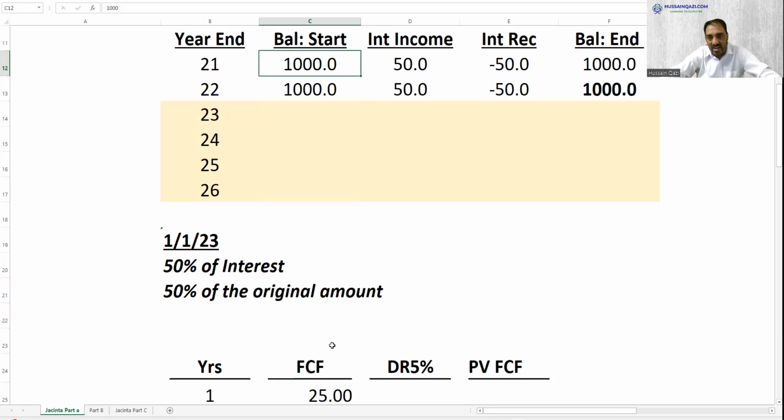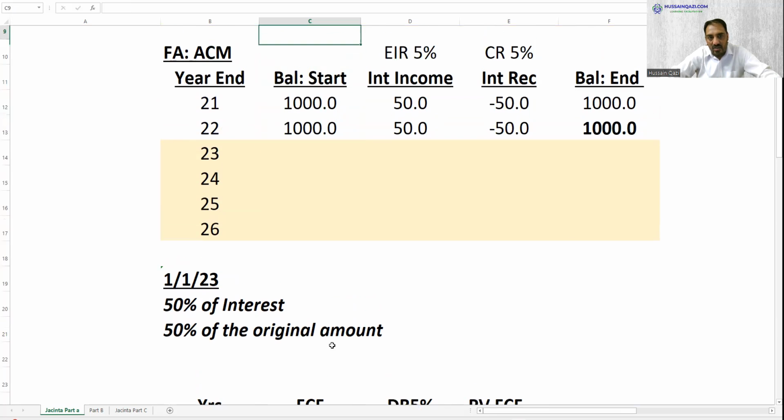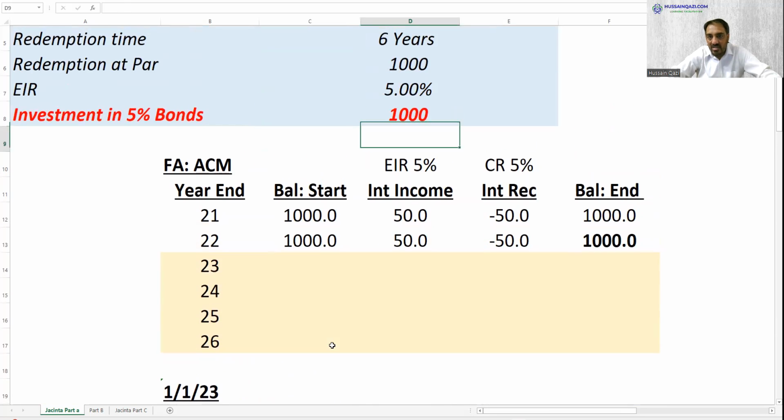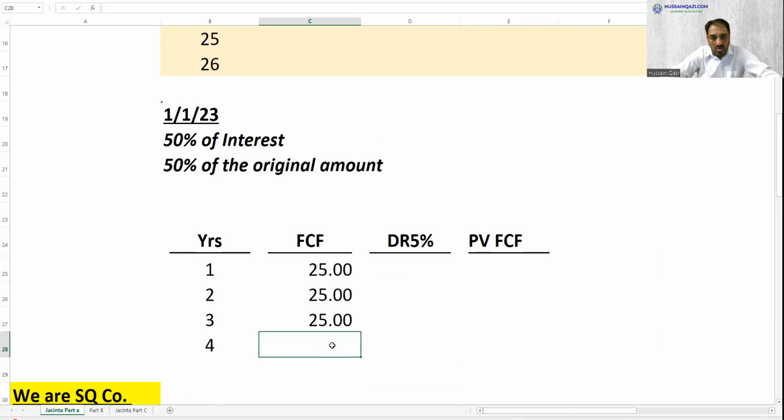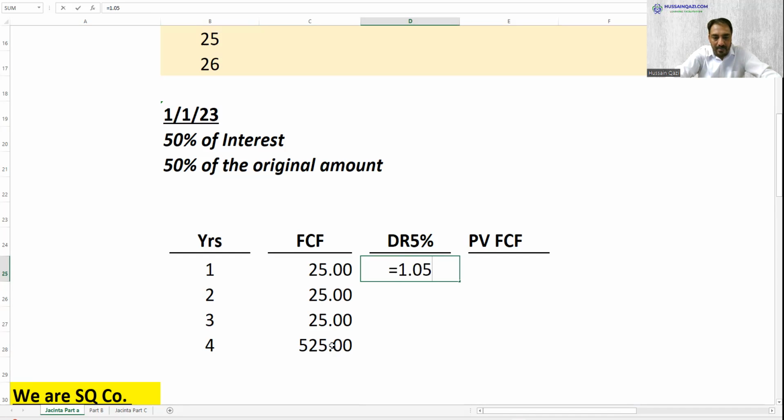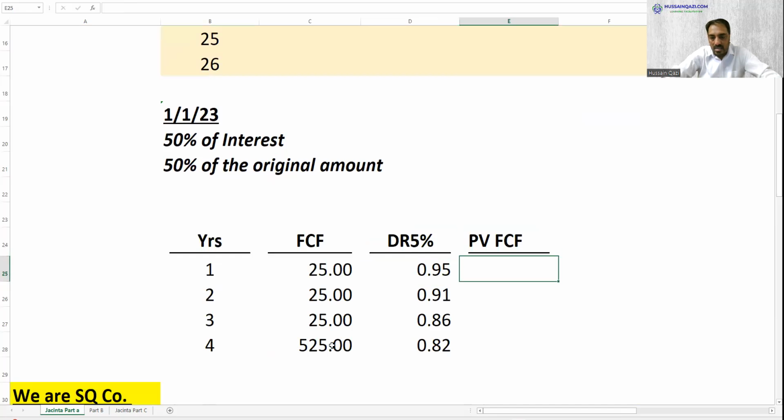And at the end of the day, only the 50% principal amount. So we can say that 500 plus 25, 525, discounted at 5%, is equal to 1.05 power minus this. This is the value.